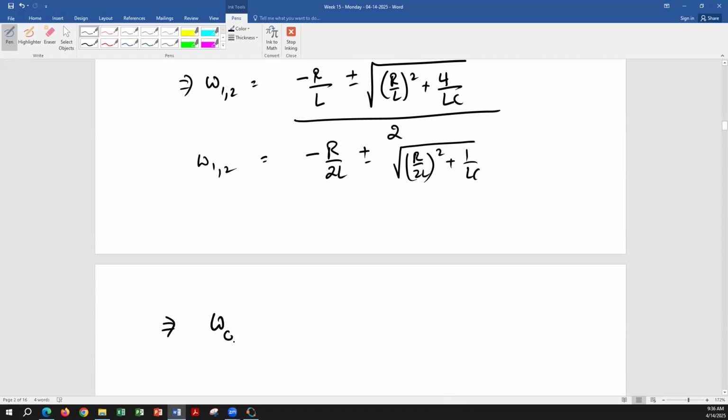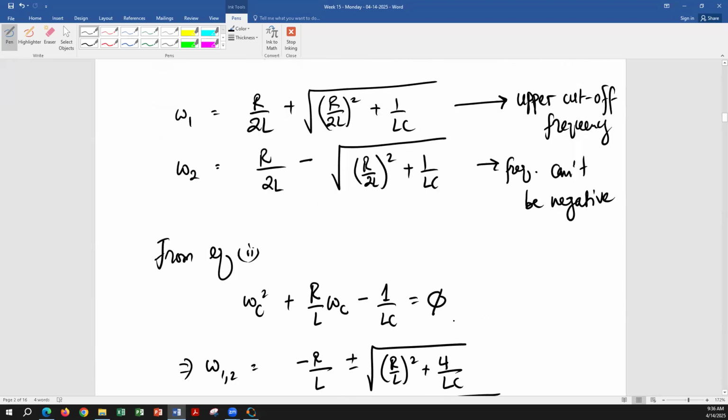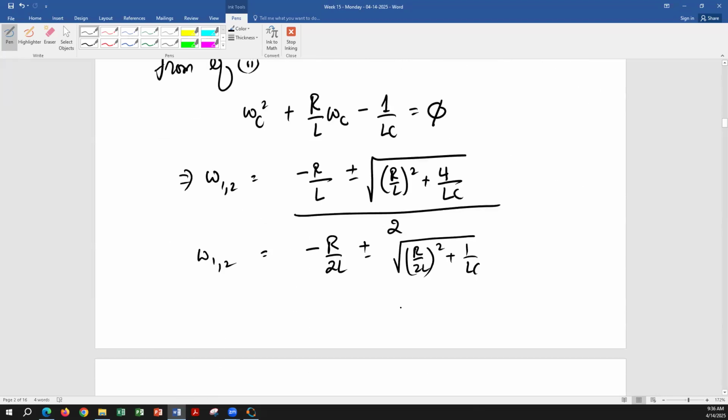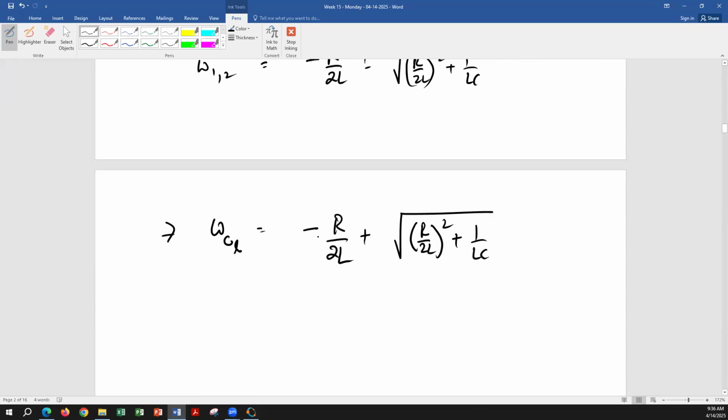Omega cutoff lower is negative R over 2L plus square root of R over 2L square plus. So this is our upper cutoff frequency with the positive sign here, and this is our lower cutoff frequency with the negative sign here.